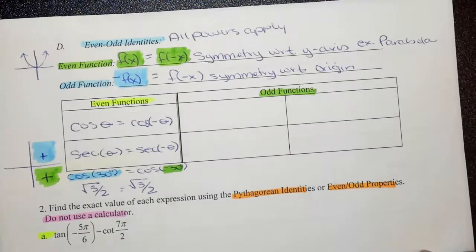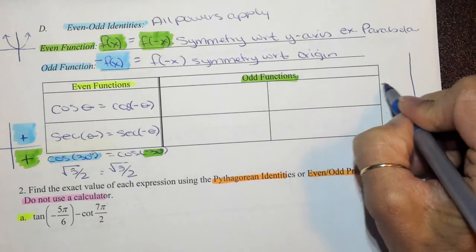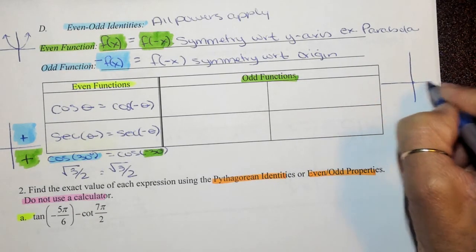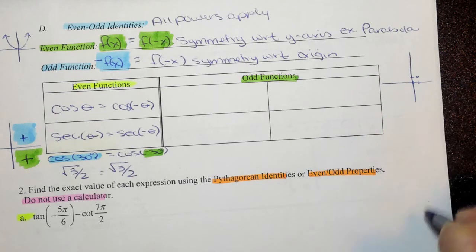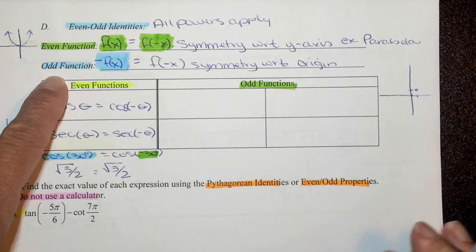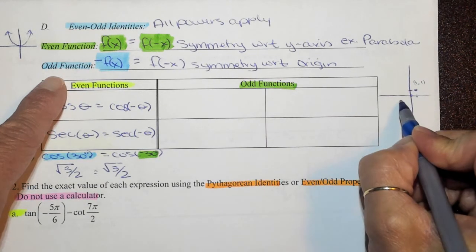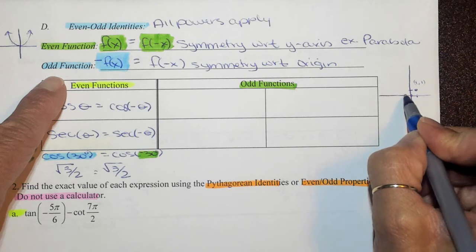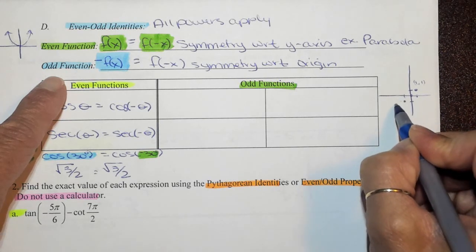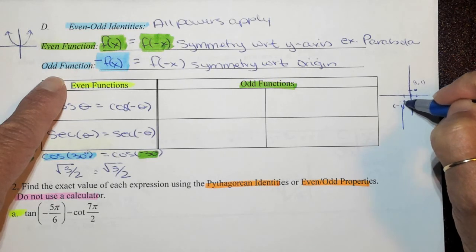And the most common function that we know that is like that is our cubic function, meaning I have 0, 0, so I have the point 1, 1. And the way I think about this is an odd function is exact opposites, meaning if this point is 1, 1, you're going to have a point negative 1, negative 1, which is actually down here. So this is negative 1, negative 1. And it would be the same for this.